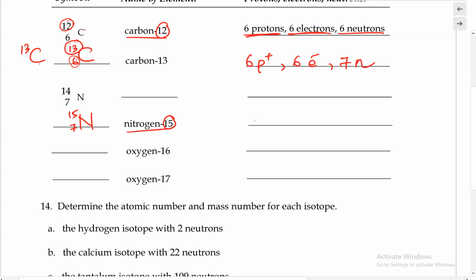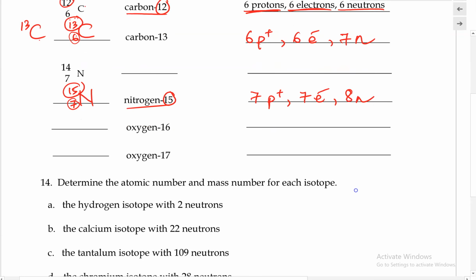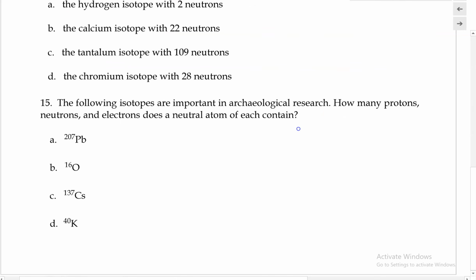Nitrogen 15 will then have 7 protons. And because it is neutral, it also needs to have 7 electrons. And because the atomic mass is 15, 15 minus the atomic number 7 gives us 8 neutrons. So please try the following examples.